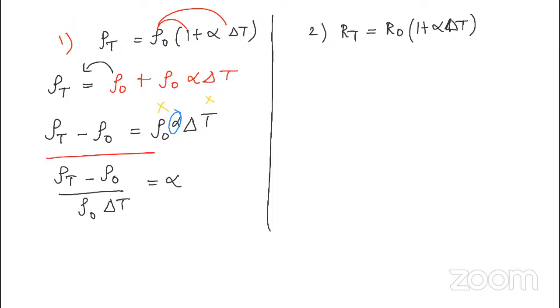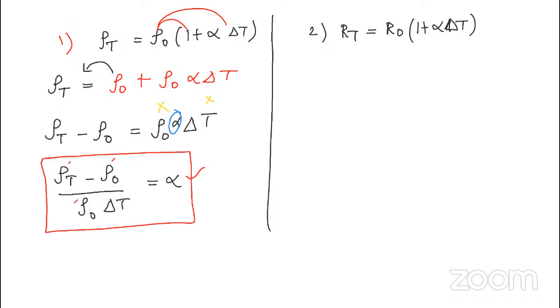This is the alpha value for resistivity. Look at the symbols, everything is rho.